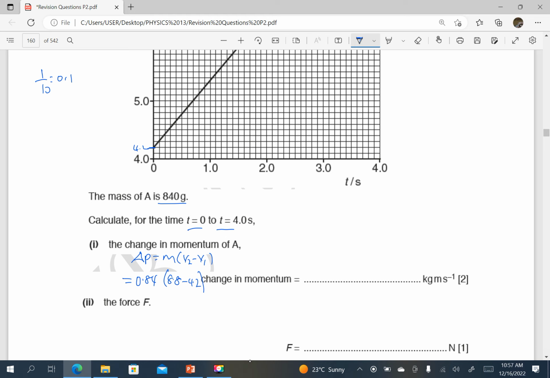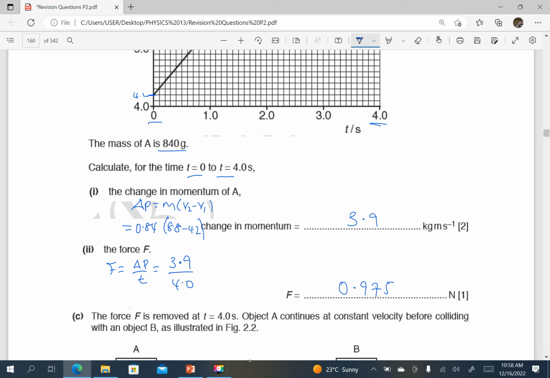And from my calculator, this is going to give us 0.975 as the force.